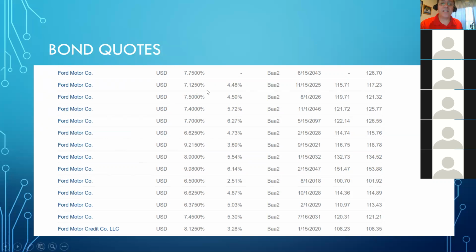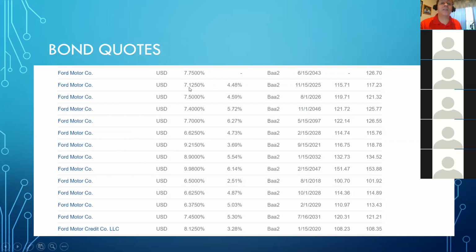Now, this is the rate of interest that those who own the bonds are expecting from their investment. So these people who loaned Ford money are expecting, or wanting, from their investment approximately 4.5%.